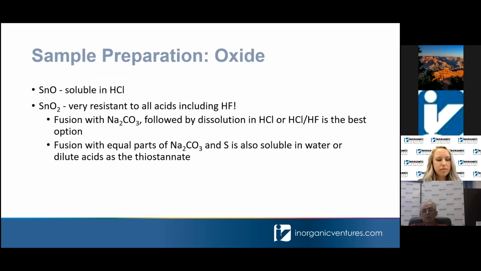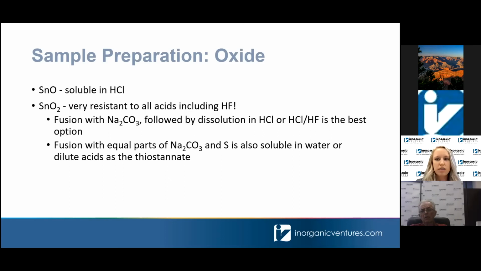So again, for stannic oxides, we recommend fusion with the sodium carbonate, as we talked about before for ores, followed by a dissolution in either hydrochloric alone or preferably hydrochloric and a little bit of hydrofluoric acid.